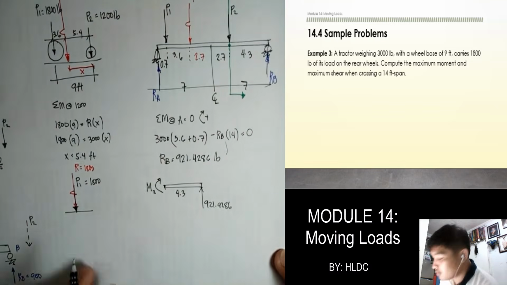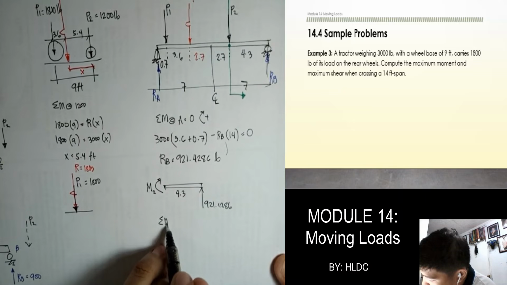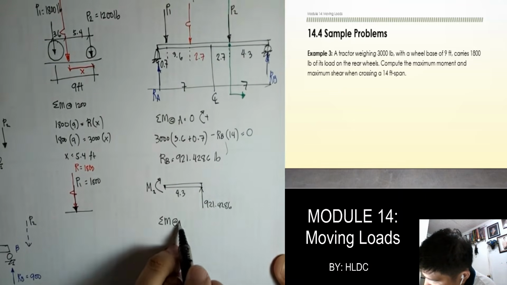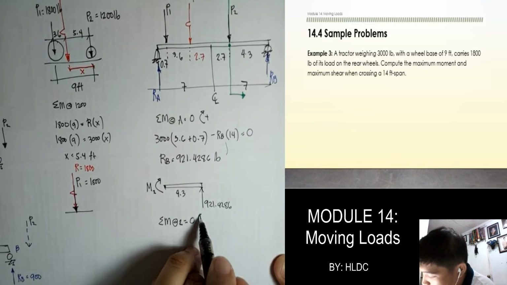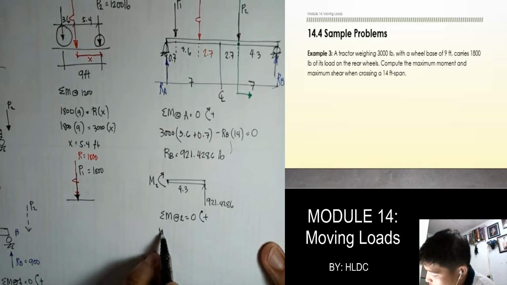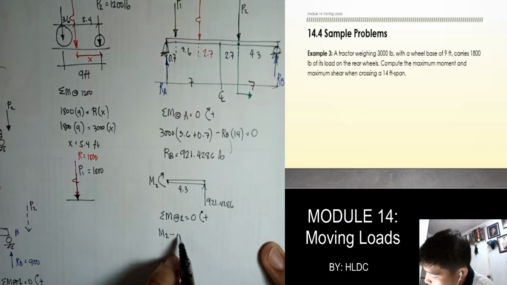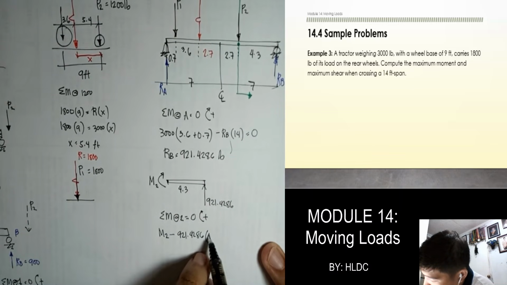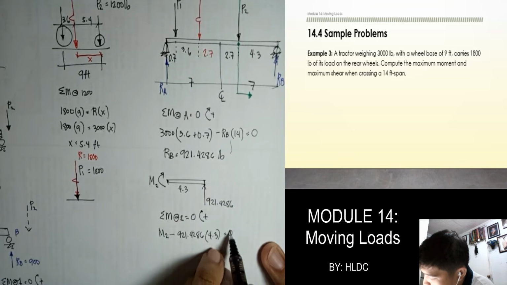So, now we're ready to solve for M2 by taking summation of moment at this point, which is 0.2, is equal to 0, considering clockwise moments, positive. So, clockwise, M2, counterclockwise, minus 921.4286 times the moment arm, 4.3 is equal to 0.